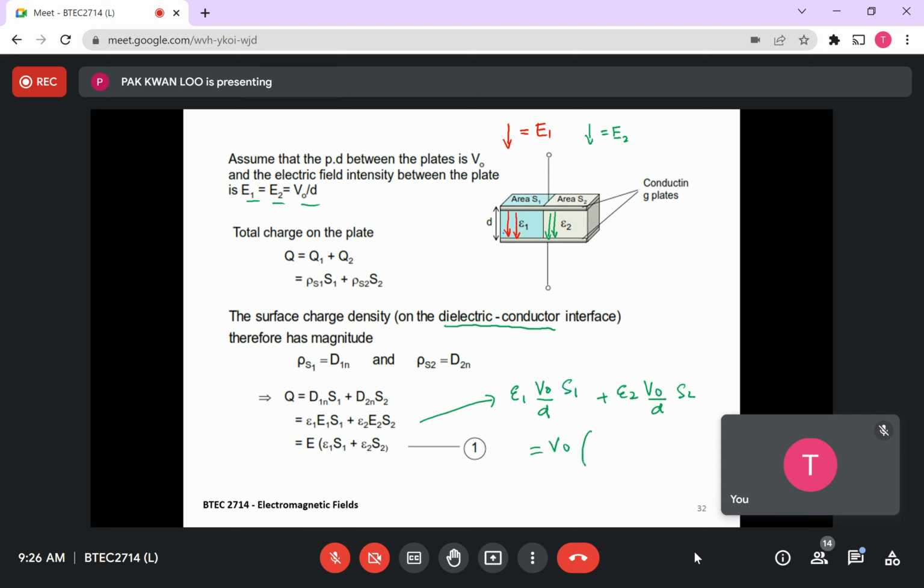So Q over V naught is epsilon 1 S1 over D plus epsilon 2 S2 over D. From here, we already see that the capacitances are in parallel.